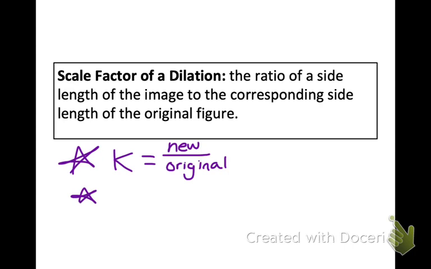We're going to do 2 more stars. If my scale factor is greater than 1, would my shape be getting larger or smaller? Let's say my scale factor was 2, meaning I'm doubling everything. Would it get larger or smaller? Larger, right? So anything greater than 1 is going to be an enlargement.